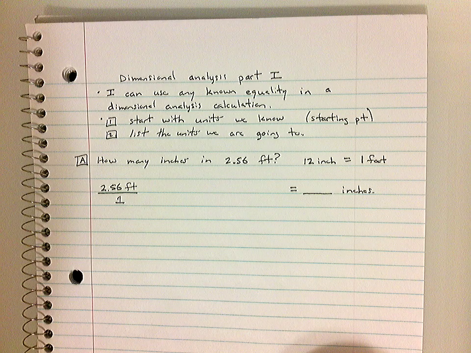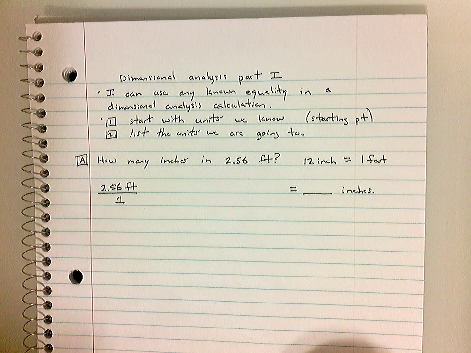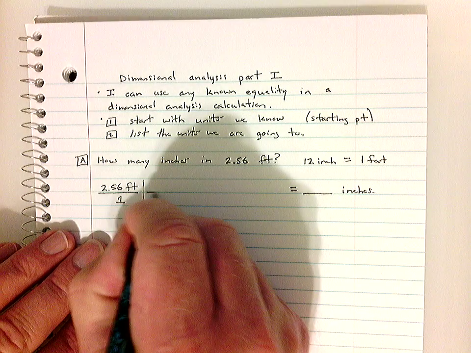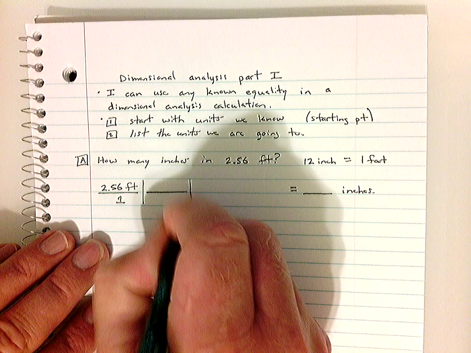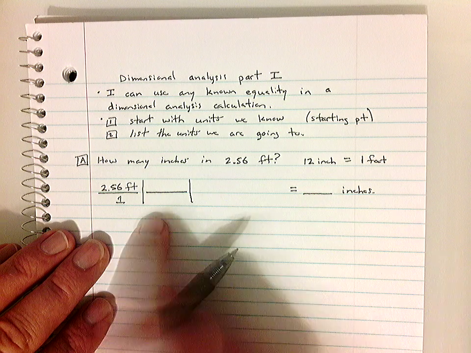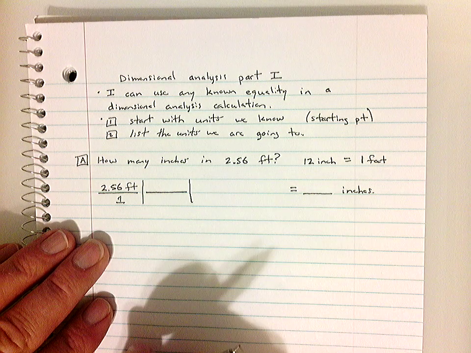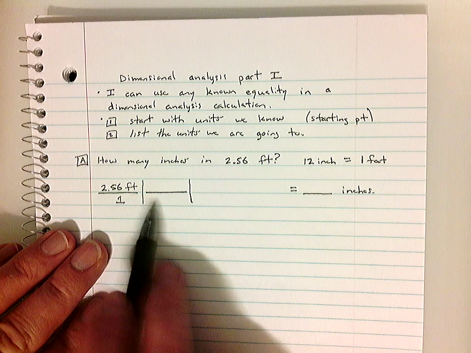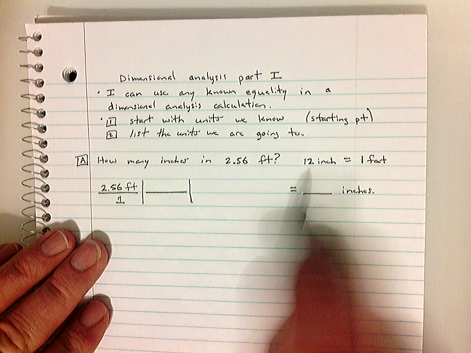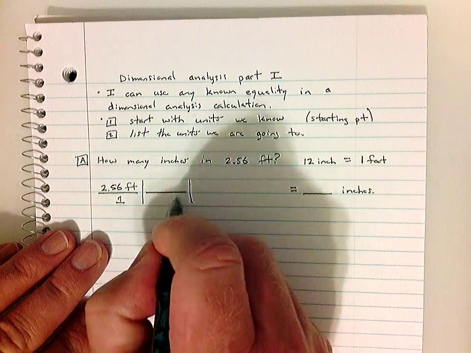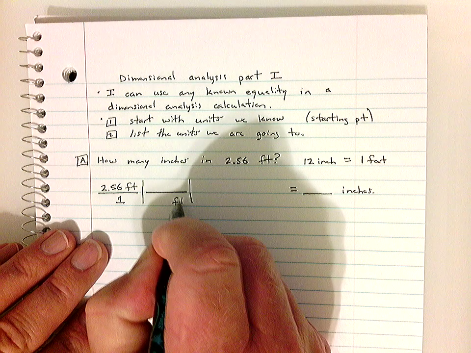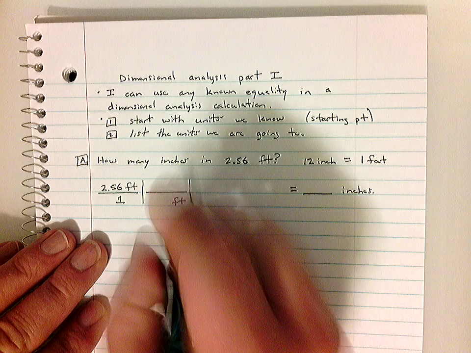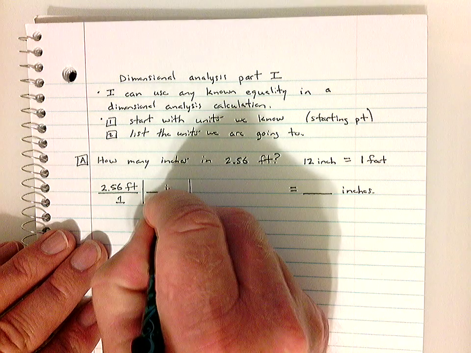Every time we do a conversion factor problem, we generate these bars, and every one of these bars is generated from an equality. So in this case, we know that we have to cancel out units of feet. Because we have feet on the top, we want to put feet on the bottom, and inches on top.